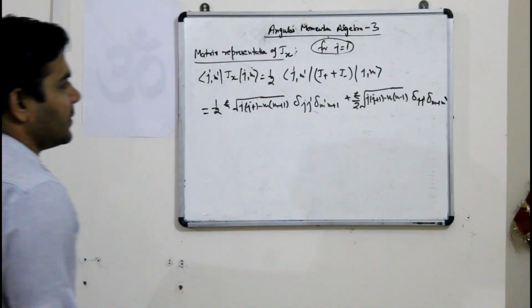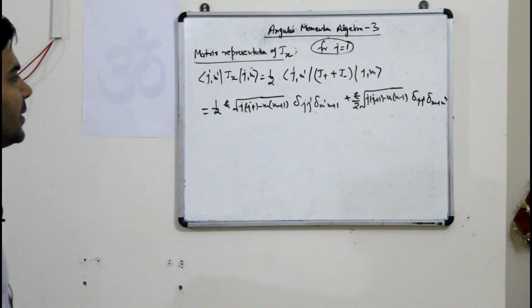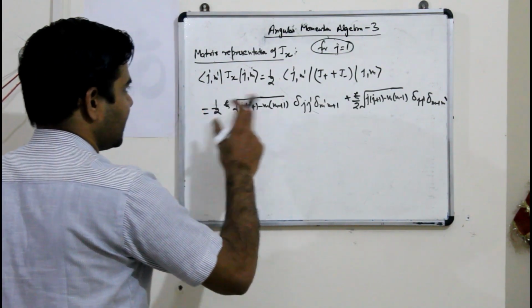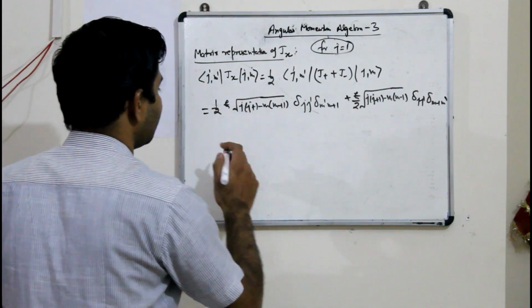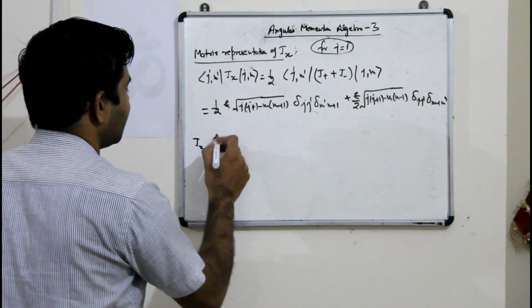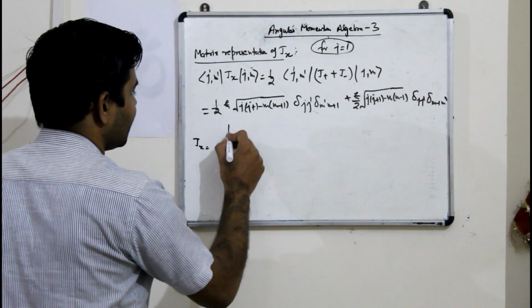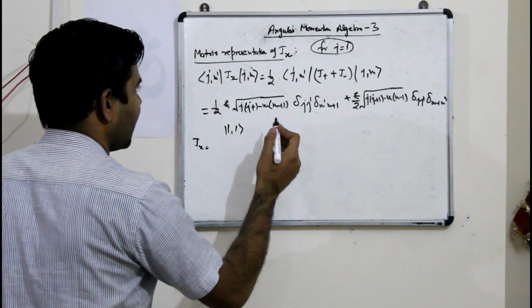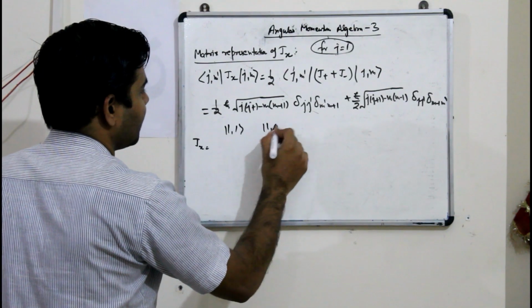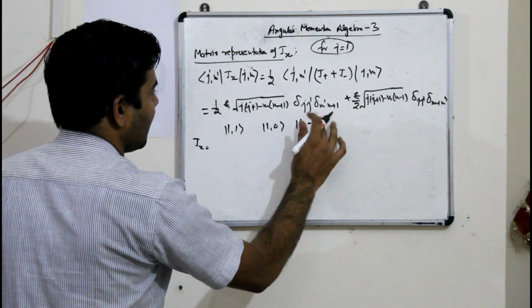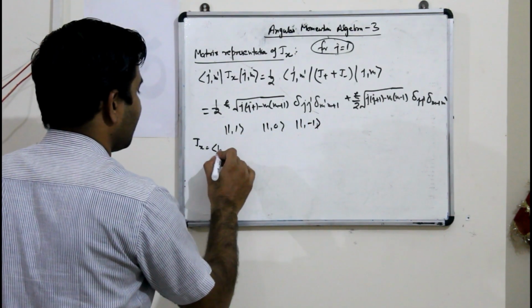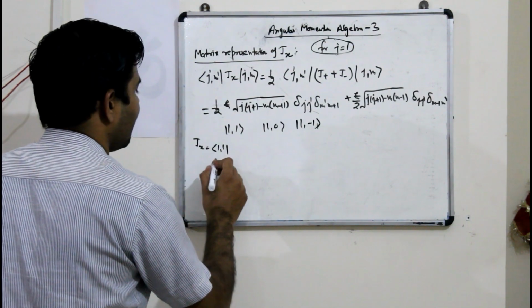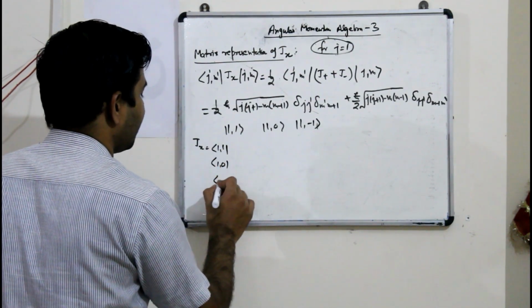Okay, so that's what we get. For the matrix representation of jx, we have to write down this equation, and now the states are the same, the allowed values of m are again 1, 0 and minus 1: 1 comma 1, 1 comma 0, 1 comma minus 1.